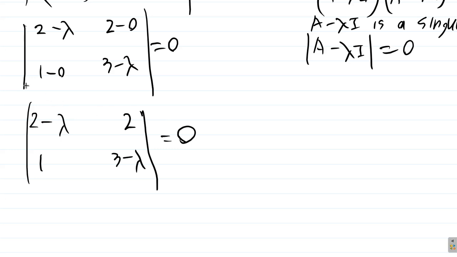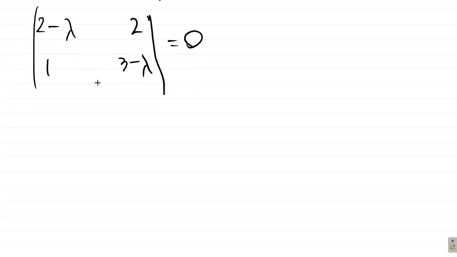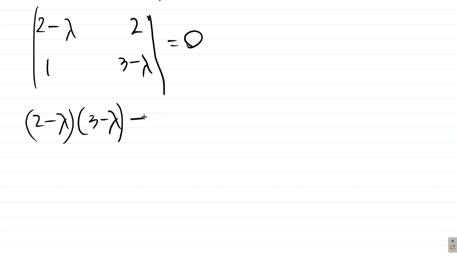So let us calculate the determinant to find out what it is. Remember your AD minus BC method. Don't forget that method, right? So it's (2 minus lambda)(3 minus lambda) minus 2 by 1 equals 0. Having that, we multiply out: 2 times 3 is 6. 2 by negative lambda is minus 2 lambda.